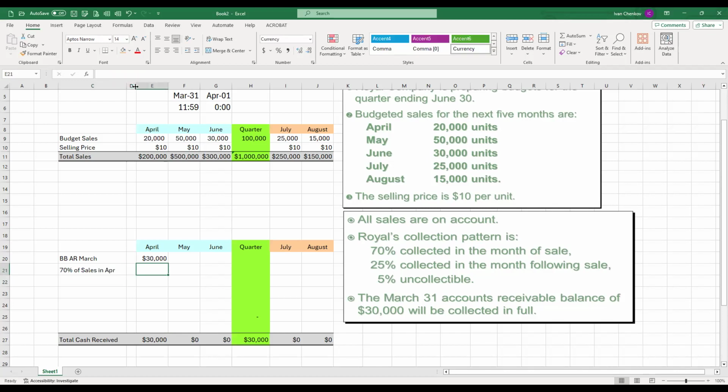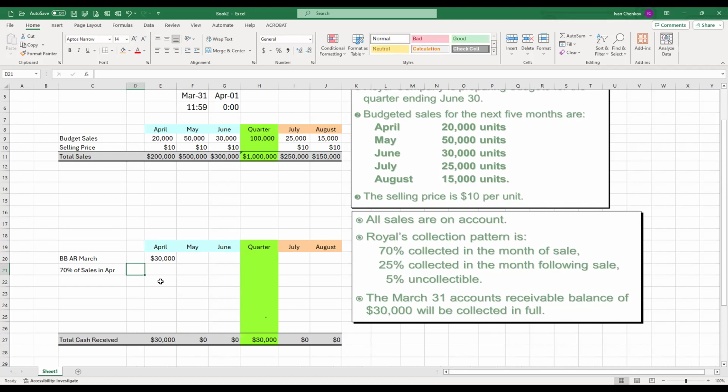Let's put here 70, and then we're going to have this number times 70%. 140. So how much are we going to collect in April? $170,000.